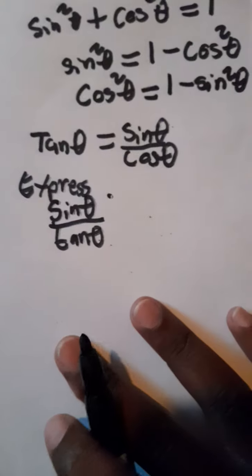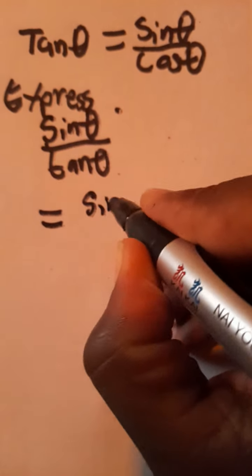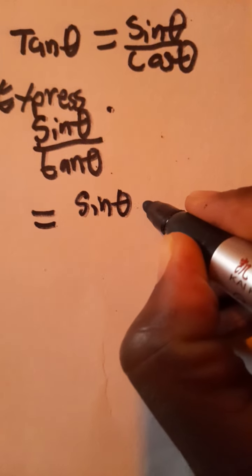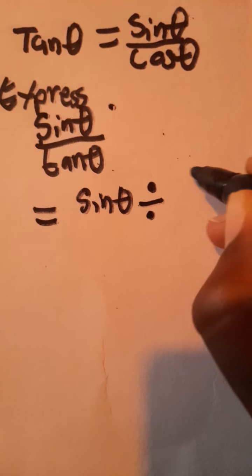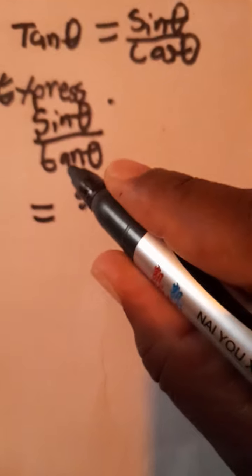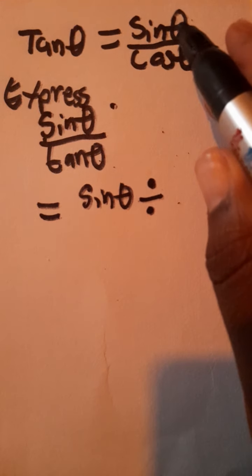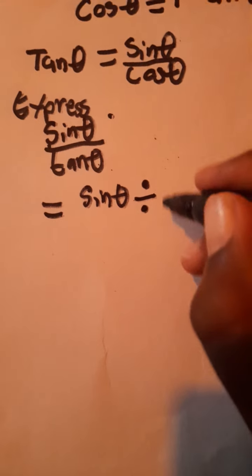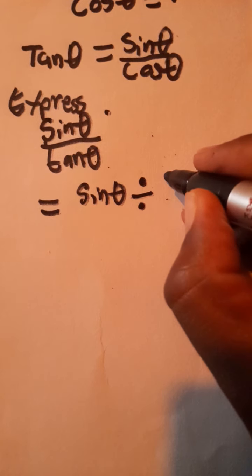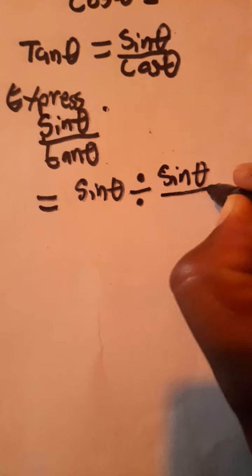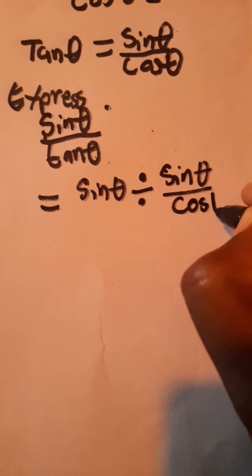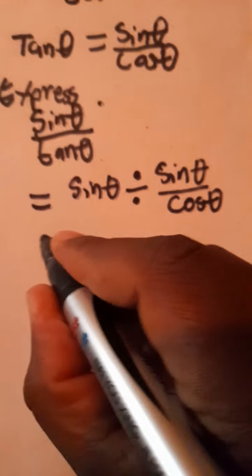When you're working with this, this is what you should do. Let's put an equal sign here. We are going to say sine theta, division, then what is your tan theta? We said tan theta is equal to sine theta all over cos theta. So what are we going to have there? We are going to have sine theta divided by cos theta, isn't it?